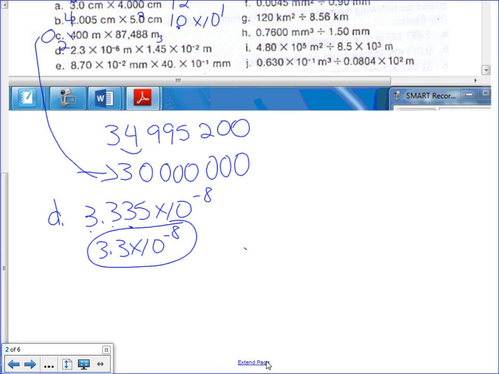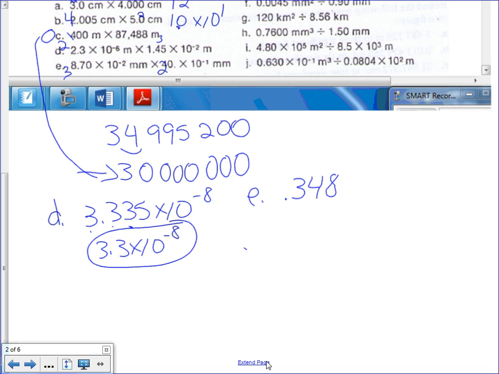Letter E, 8.70, that's 3 digits. 40 with a decimal. That zero's to the left of the decimal and to the right of a number, so it counts. So that one's actually 2 significant figures. It makes that one kind of confusing. So if we put this in our calculator, we get 0.348.